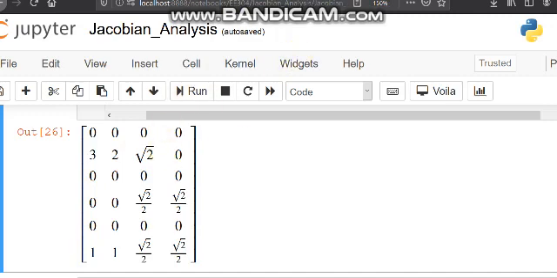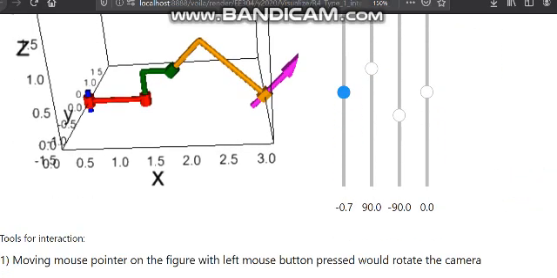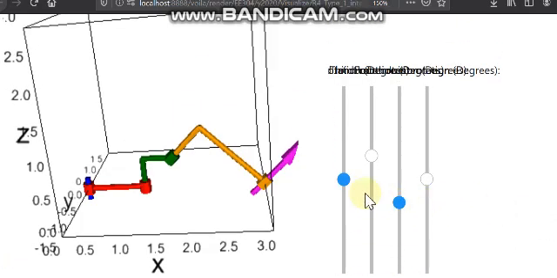This again we can understand by looking at the interactive app. If, by keeping theta 2, theta 3, theta 4 untouched, we make small changes in theta 1, all the links, that is this red colored, green colored, yellow colored and pink colored, they all rotate about the first joint axis by the same angle.